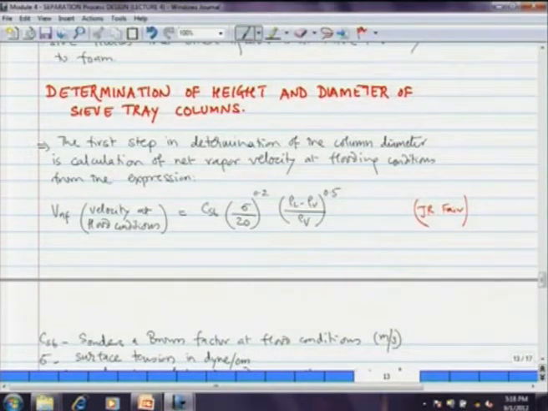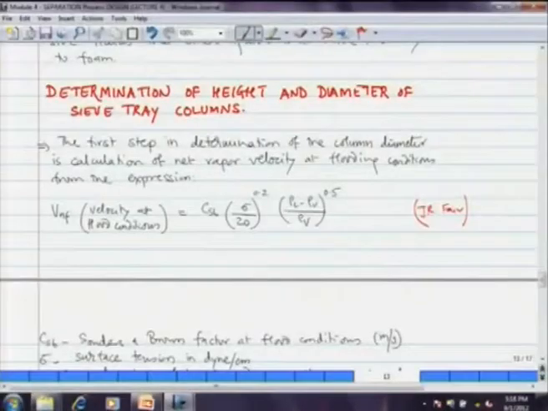Now, flooding and loading conditions of a packed tower or any column you have learned in fluid solid operation, also in unit operations. When does flooding occur? When does loading occur? When the gas flow rate is so high that the liquid cannot go out, that is the loading point, and the flooding point is when the column is filled with liquid.